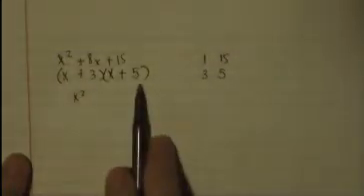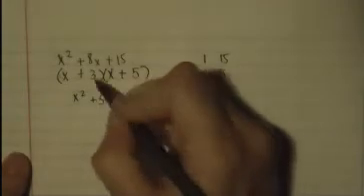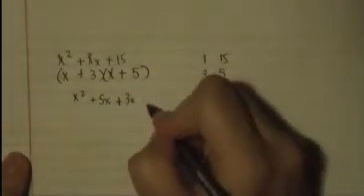So x times x, you get x squared. x times 5, you get plus 5x. 3 times x, you get plus 3x. 3 times 5, you get plus 15.